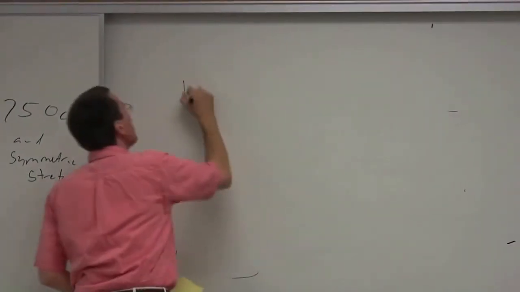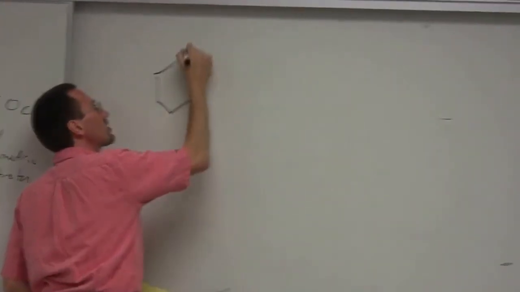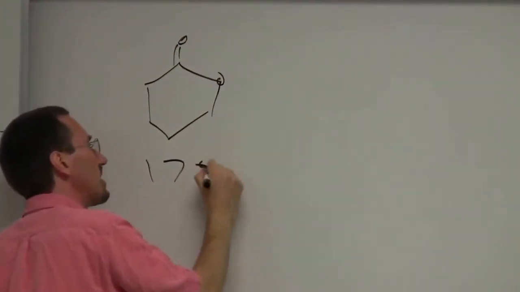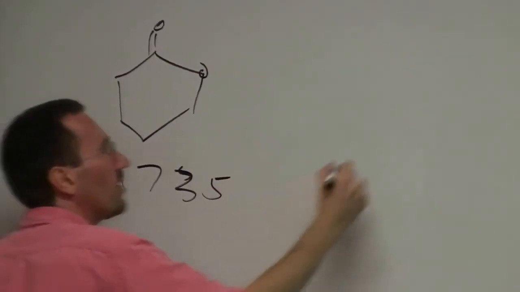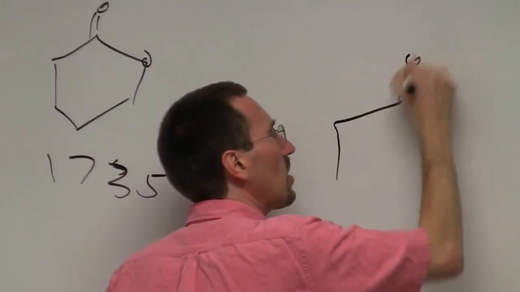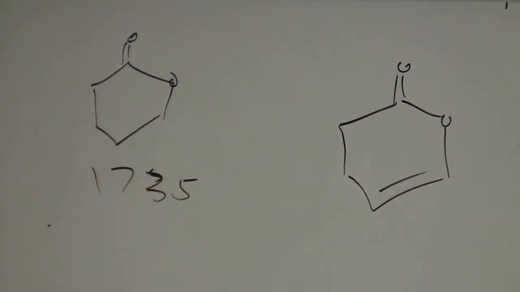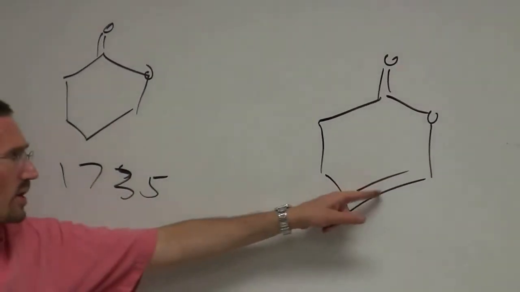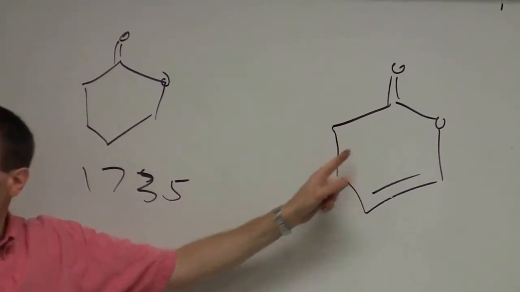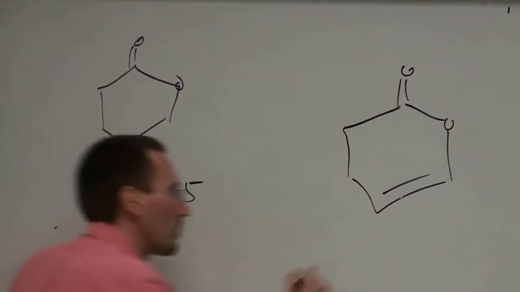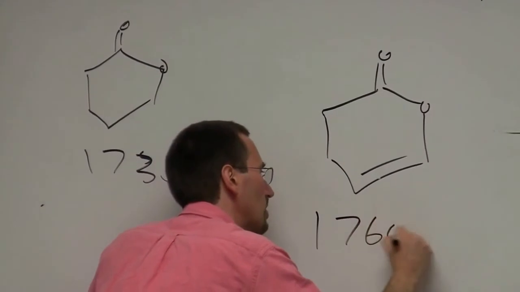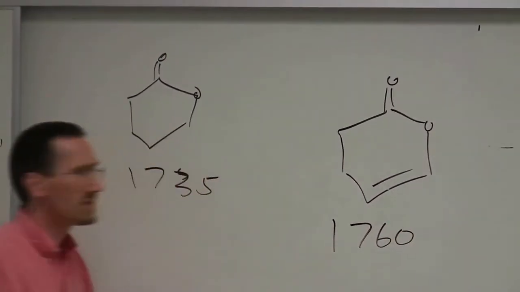All right, so we said a normal unstrained ester or lactone is at about 1735. If I go ahead and take an unsaturated lactone where now we're not conjugated with the carbonyl, but conjugated the other way, conjugated with the oxygen, we move to 1760.